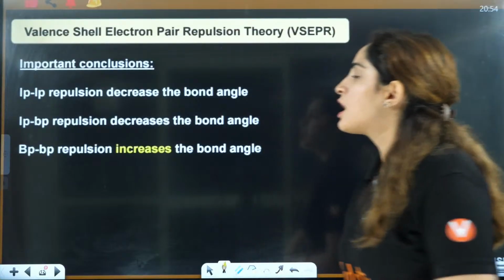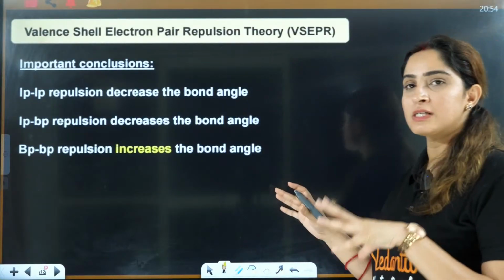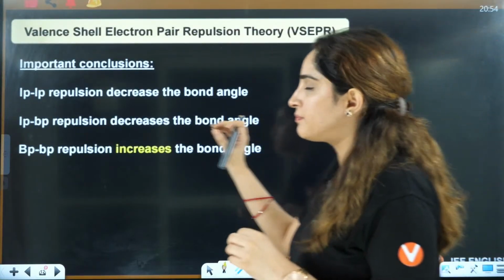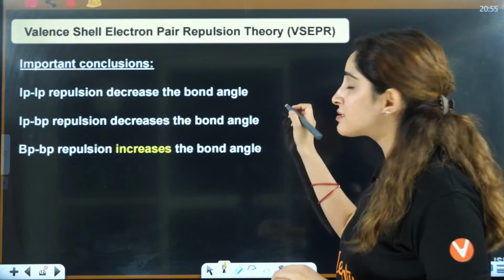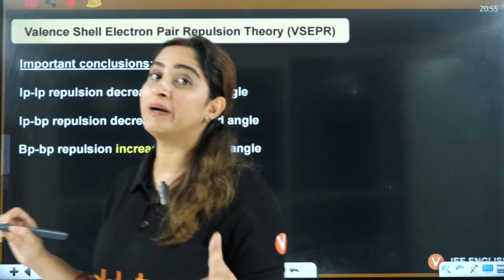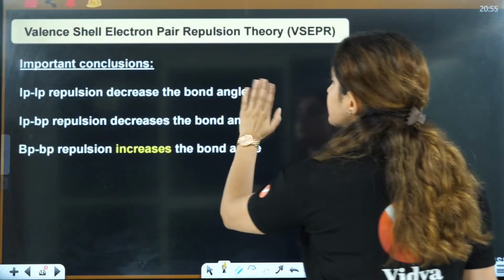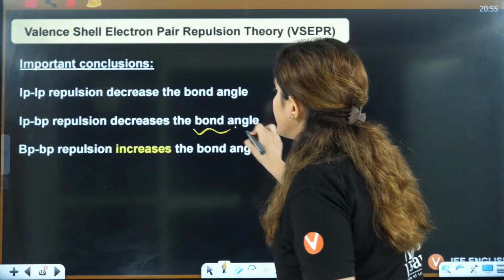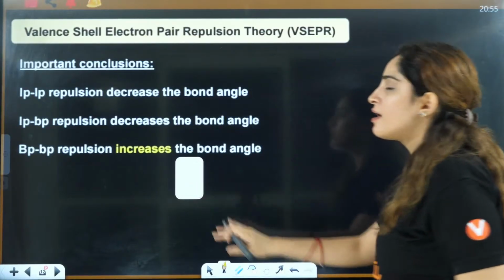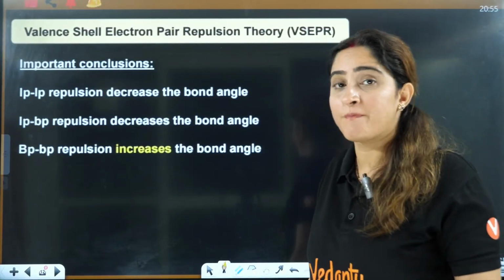Yes. So lone pair repulsions decrease the bond angle. We are going to discuss bond angle and dipole moment in the next class, and in detail we will discuss how bond angle is affected by certain things.